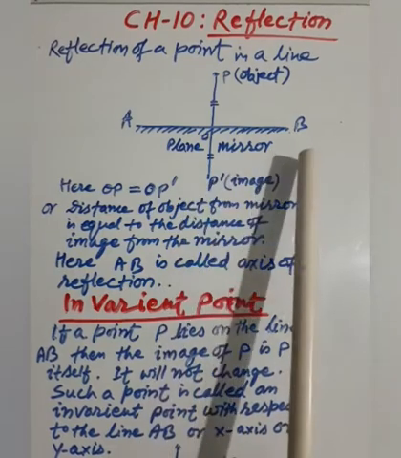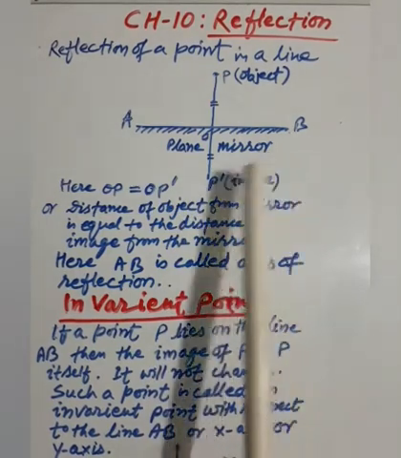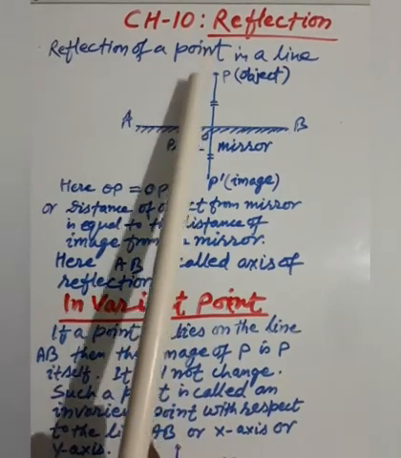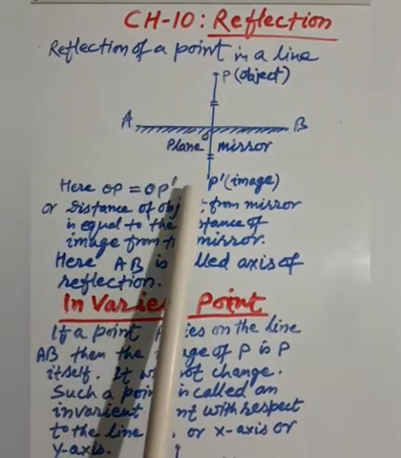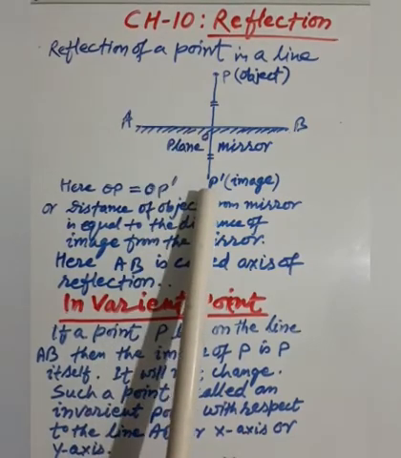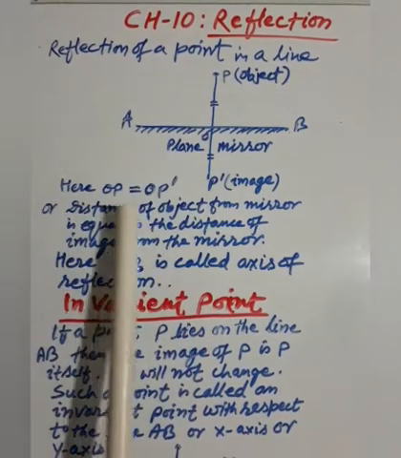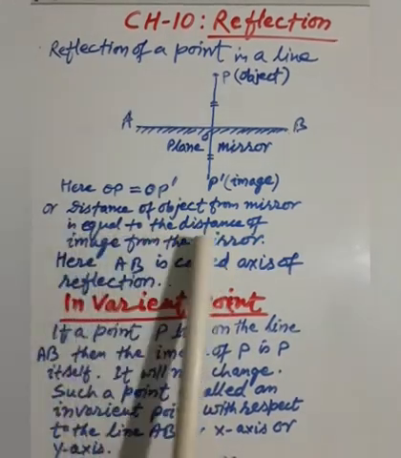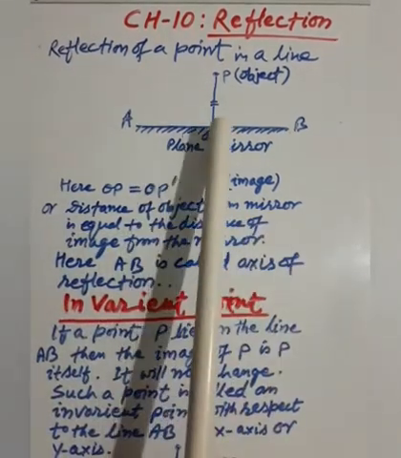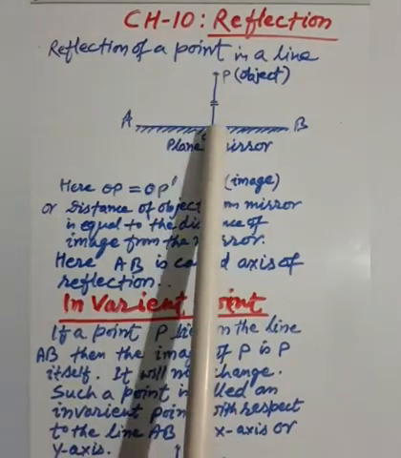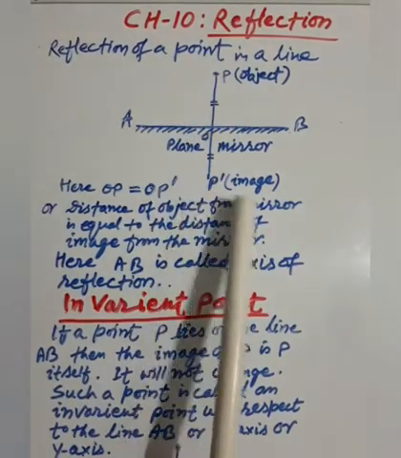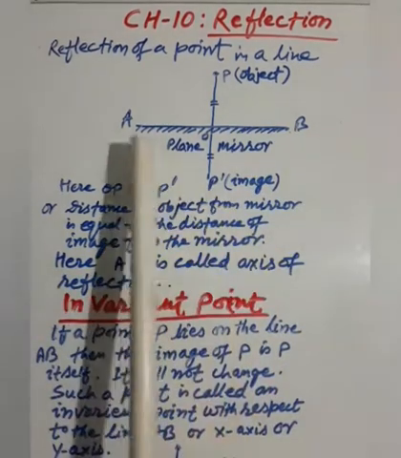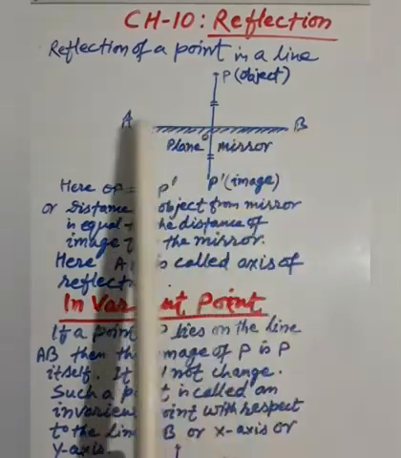According to the laws of reflection, the image distance OP' is equal to the object distance OP. So the distance of the object from the mirror is equal to the distance of the image from the mirror. Here AB is called the axis of reflection.